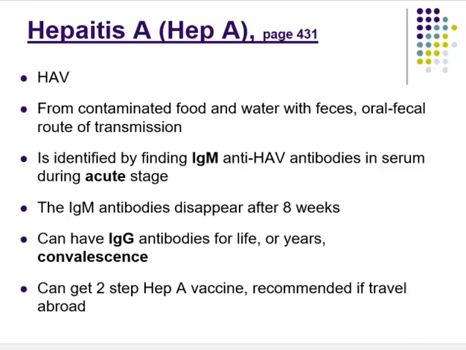The IgM antibodies disappear after about 8 weeks. As a result of hepatitis A, you can have IgG antibodies for life, or they may show up for years, or just during the time of convalescence. Convalescence is the time spent recovering from sickness or illness. There is a 2-step vaccine for Hep A, and it's recommended if you travel abroad to get that vaccine.